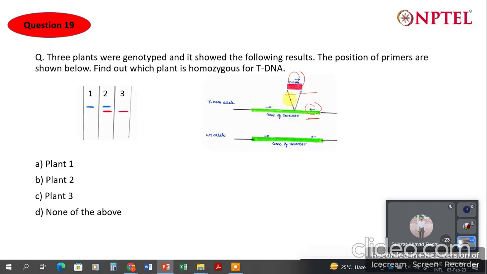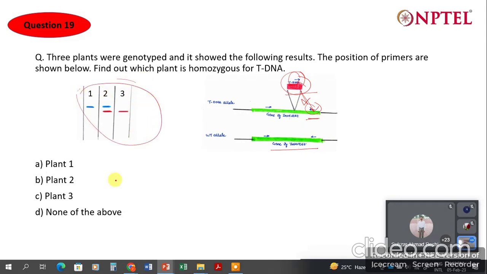Okay, so if the plant has the tDNA, it will give a band that is equal to the band size of these two primers. And if the wild type allele doesn't have the tDNA, it will not give any band in this region. So that is explained in this figure.